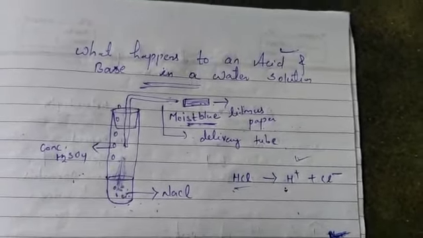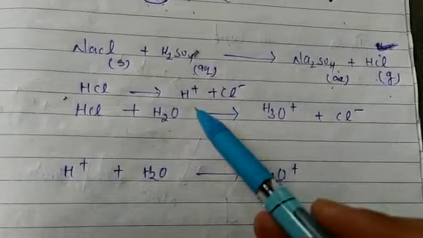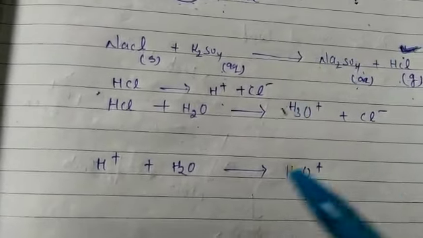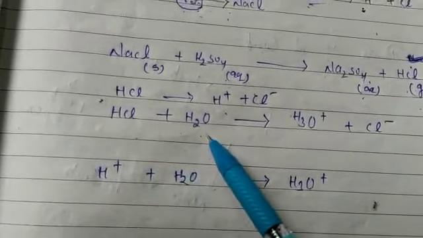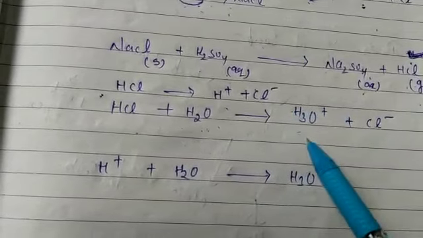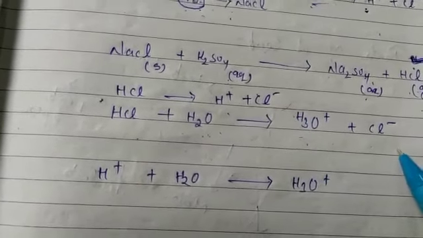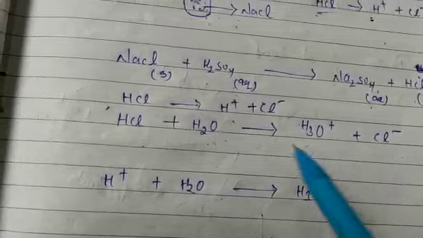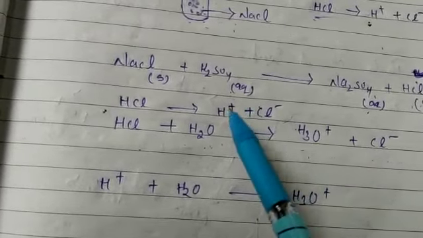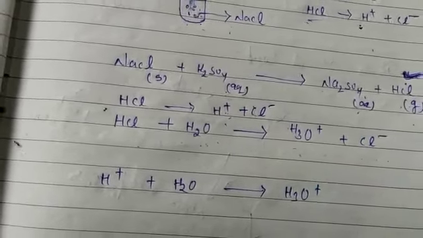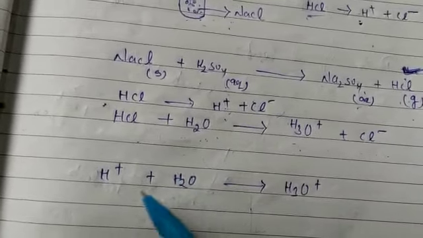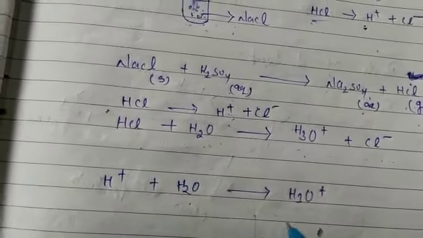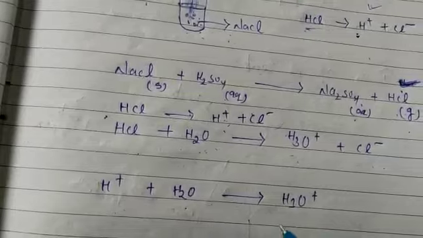You can say that HCl gives H plus and Cl minus, or you can write that HCl, when coming in contact with water, gives H3O plus, the hydronium ion, and Cl minus, because H plus cannot exist alone. It can exist only after combining with water molecules. So if H plus combines with water, it gives hydronium ion.